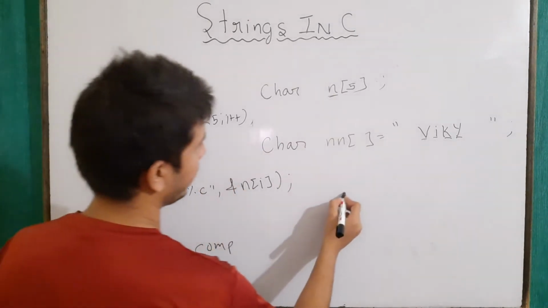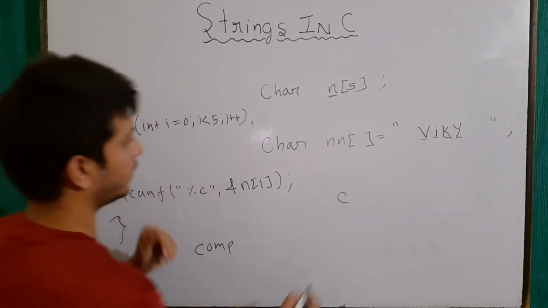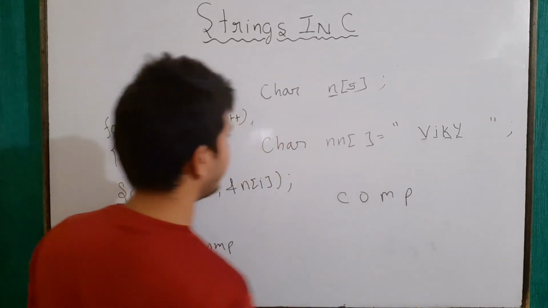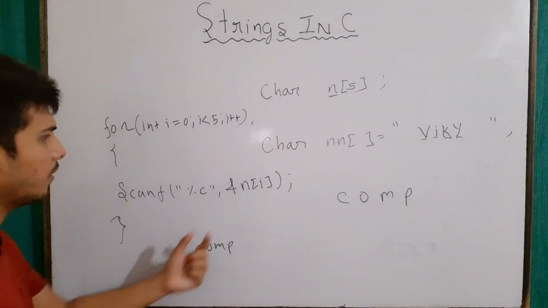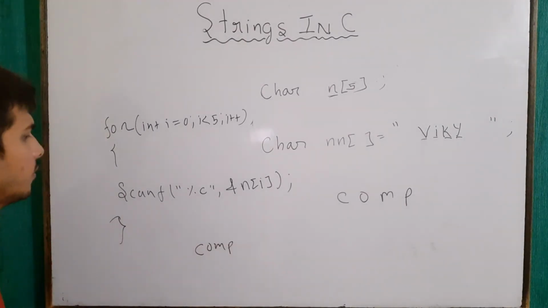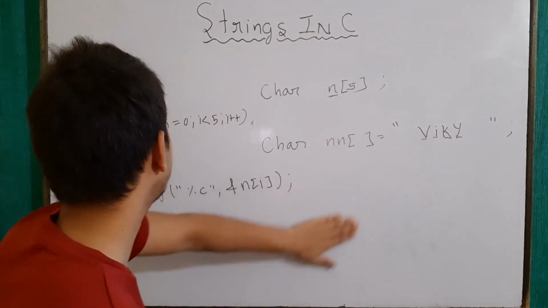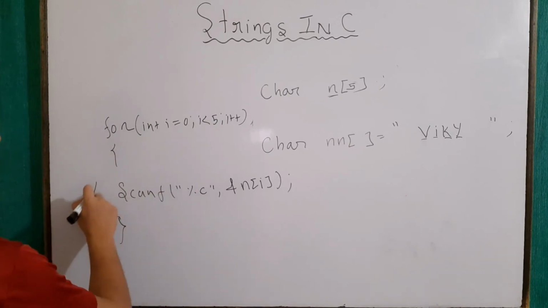First I'll write C, then the loop will check the condition again and run, then I'll write O, then M, then P. So this takes input character by character. This is one of the ways, but string input is generally not implemented using this scanf method.